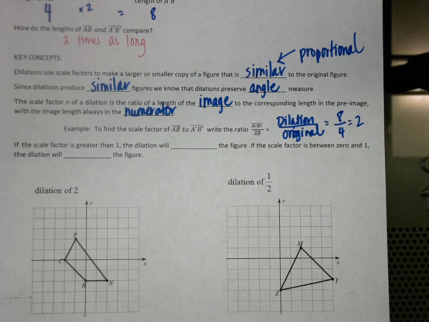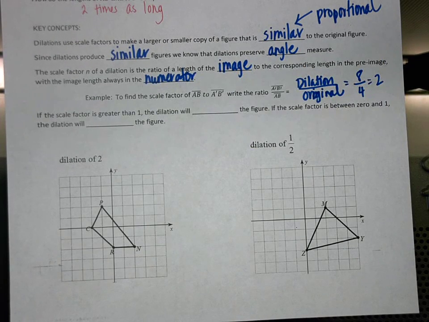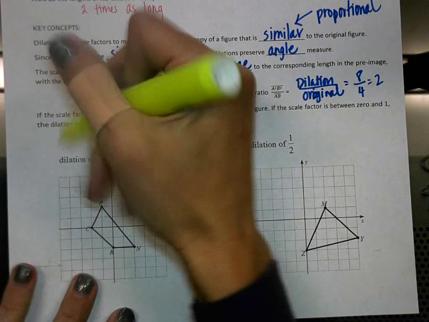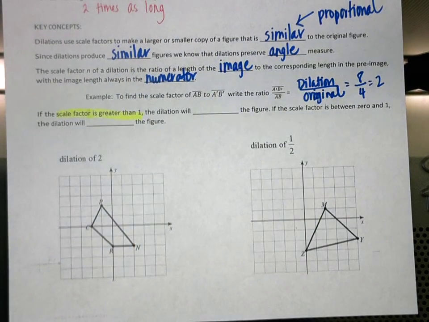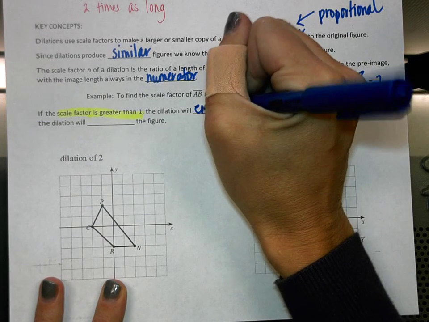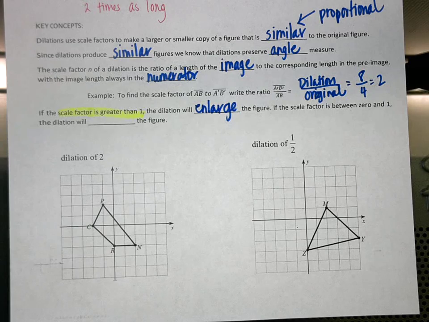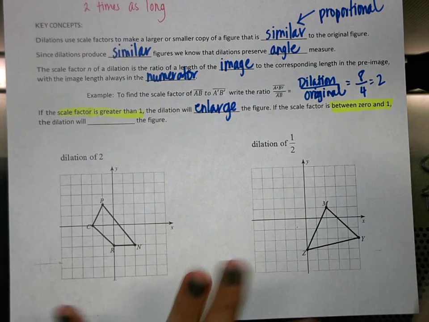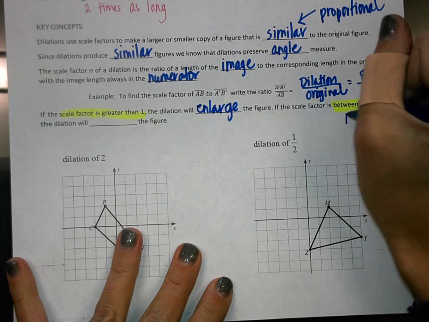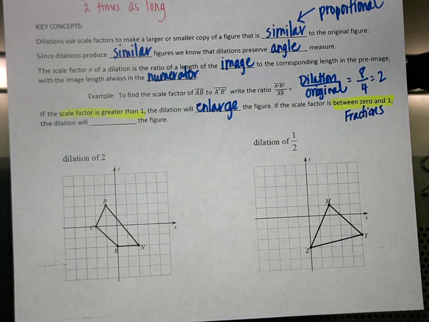Okay. If the scale factor is greater than 1, and this is something I might highlight or circle, the dilation will enlarge the figure. If the scale factor is in between 0 and 1, and what numbers are in between 0 and 1? Fractions, right? Like 1/2, 1/3.